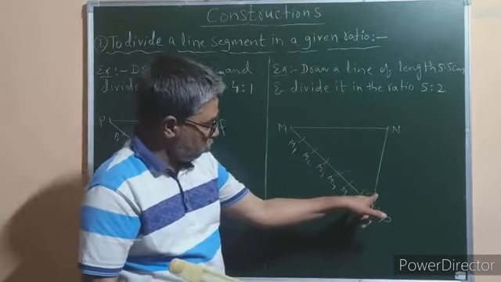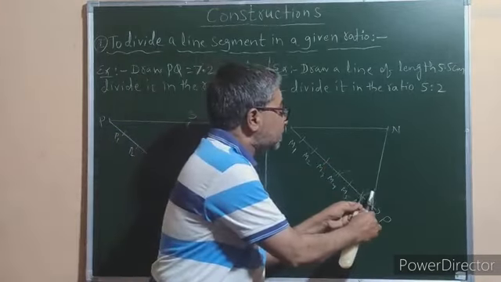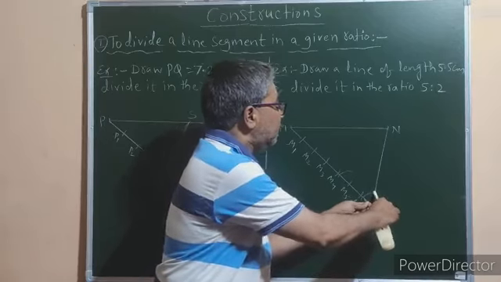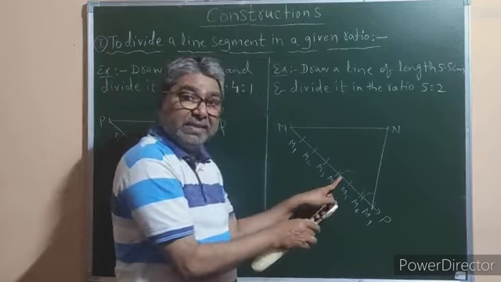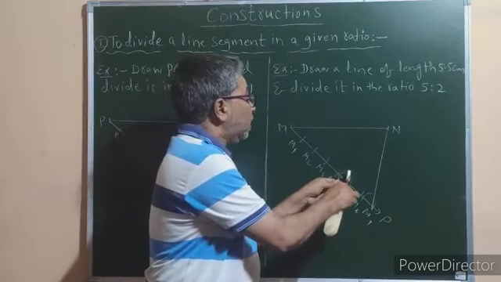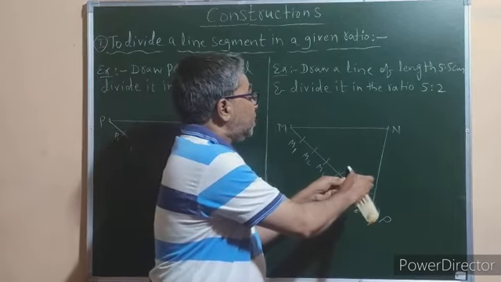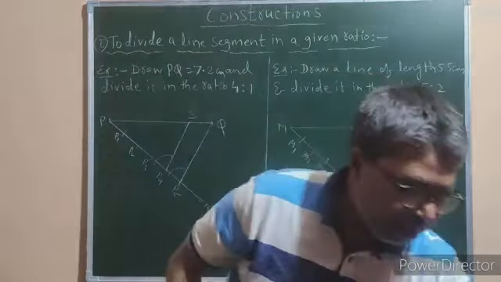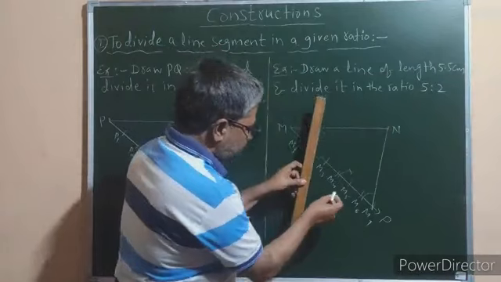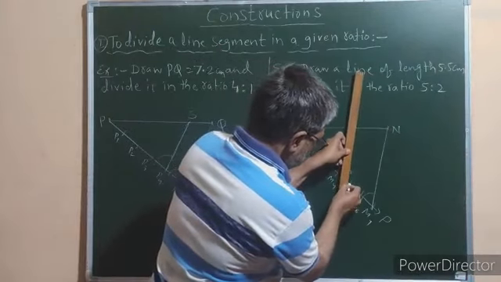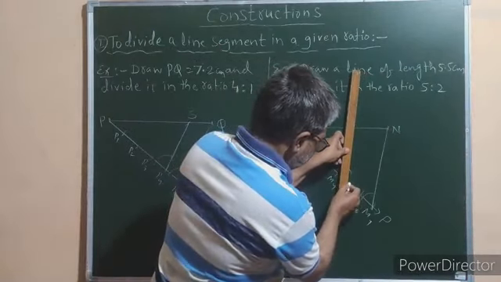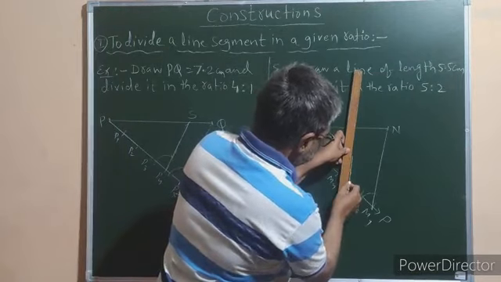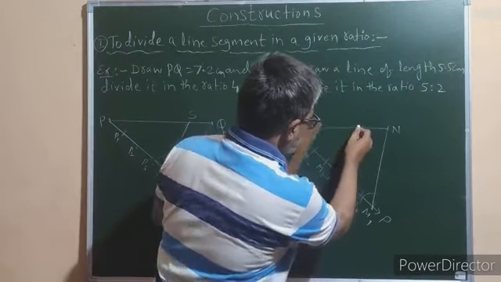Now you have to take the distance between these 2 points on compass, and assuming this point as center, you are going to cut the previously drawn arc by means of another arc to get a point, and draw a line joining M5 and that point which meets MN at one point.